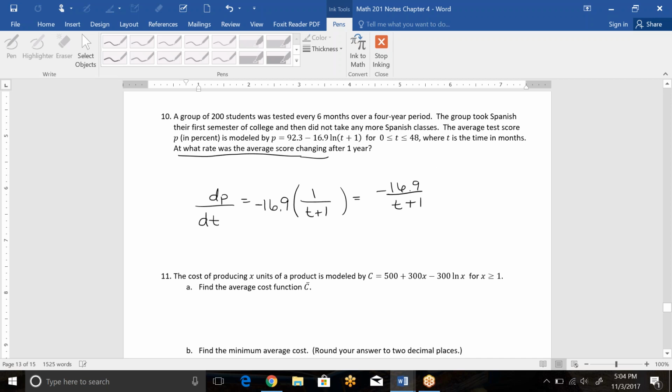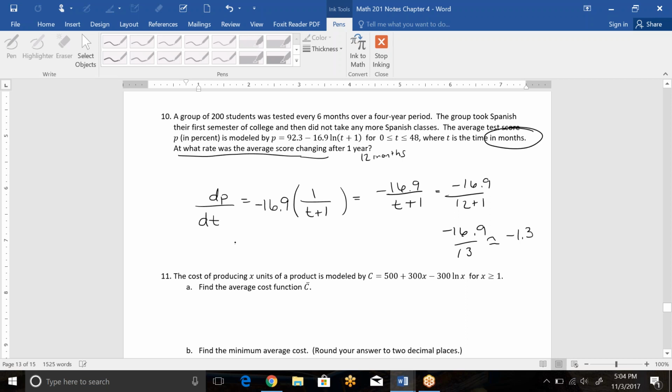Now, we are using 1 year. Now, the trick here is some people will plug in 1 here and you're going to get the answer wrong because time is measured in months. So this is 12 months. So this is negative 16.9 divided by 12 plus 1, which is negative 16.9 divided by 13, which is approximately negative 1.3.